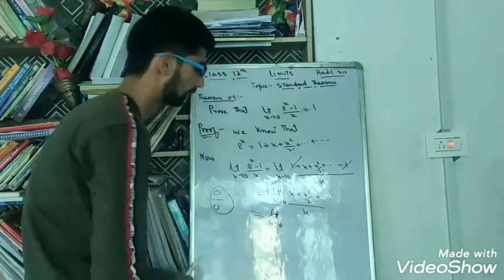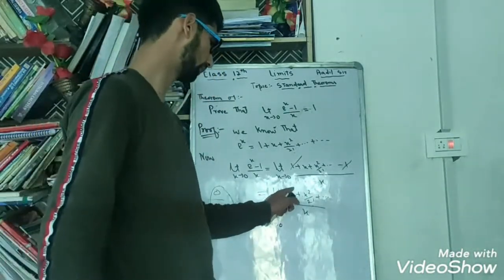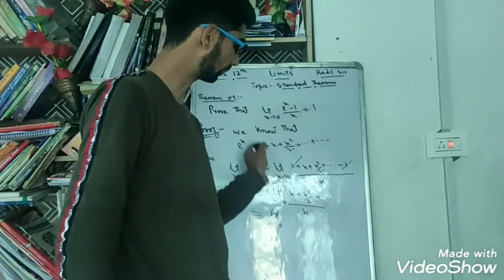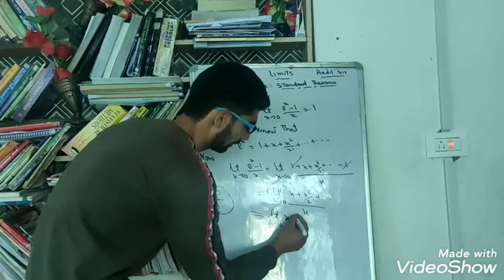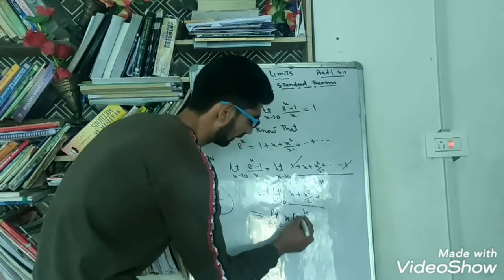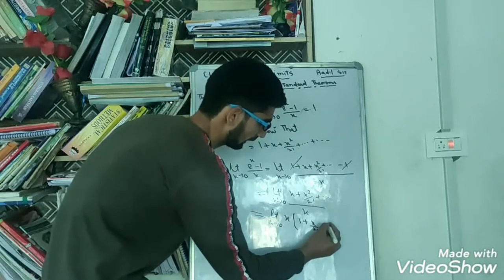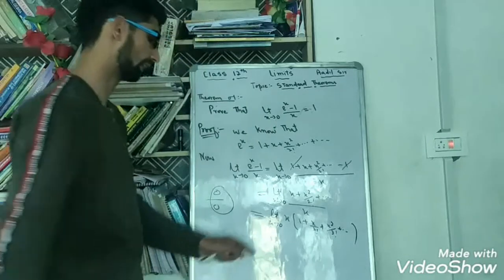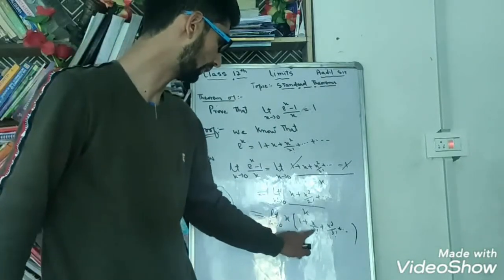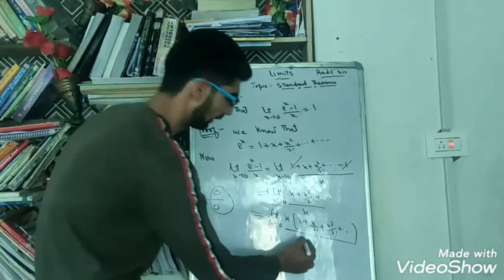When we factorize the numerator, we have x in this term, also in this, in fact in all the terms. So we make x common, and here it will be x times (1 plus x divided by 2 factorial plus x square divided by 3 factorial plus so on). All the terms after this 1 have x with themselves.